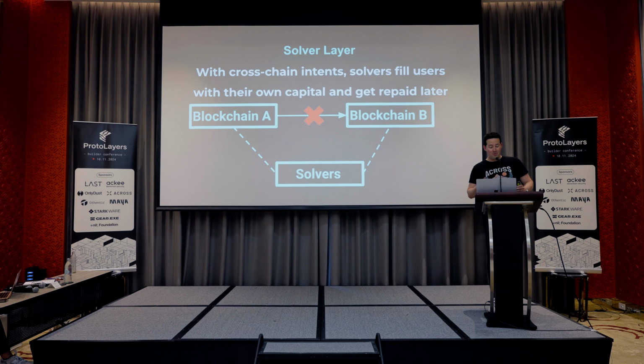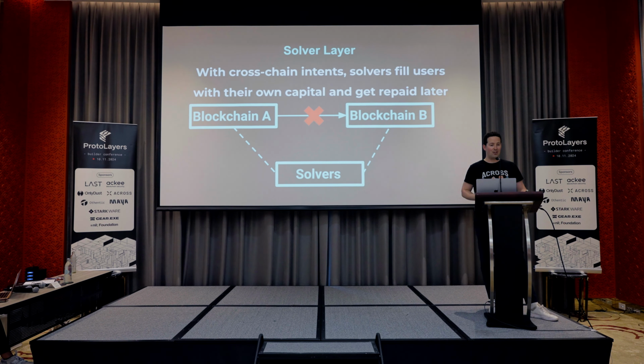And so after a user articulates what they want to be done, they put an intent out for it. We don't pass a message between blockchain A and blockchain B. Instead, we have these sophisticated actors called solvers or relayers. And they basically watch all the chains that Across supports.